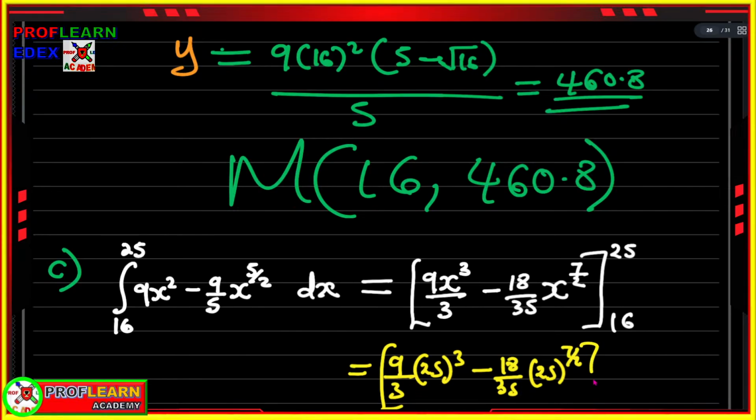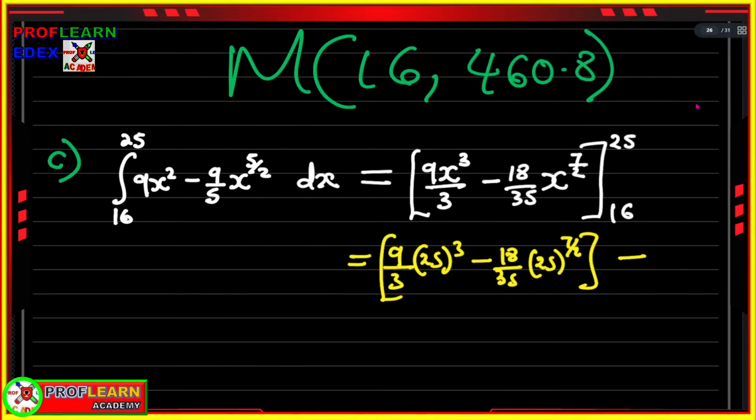I work out that, and then I will subtract the result when I substitute 16. So it will be 9 over 3 into 16 cubed minus 18 over 35 into 16 raised to power 7 over 2.